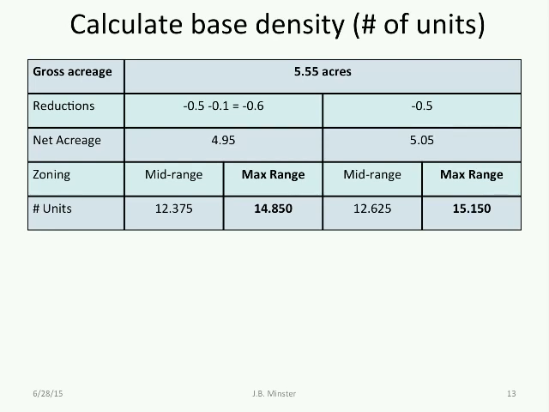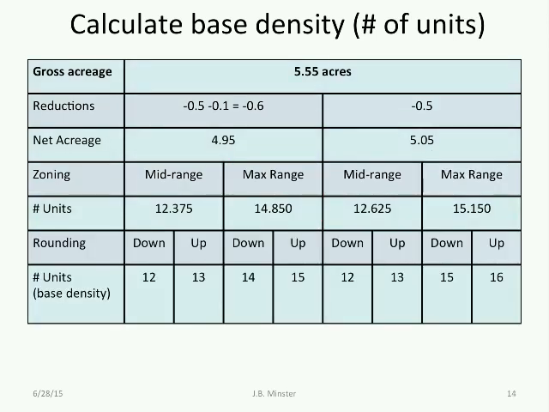However, should a developer decide to take advantage of the density bonus law, the law specifies that the maximum range, not the mid-range, has to be used, in which case the number of units is substantially larger. Again, there's a need to round, either up or down, and the rounded numbers are 14 to 15 for the left-hand side and 15 to 16 for the right-hand side.